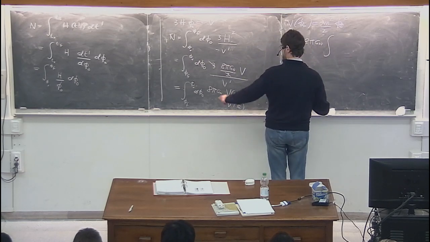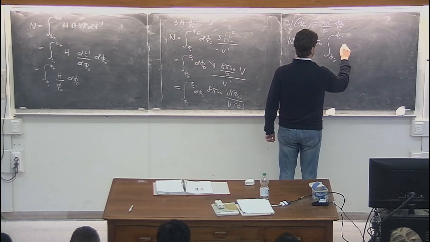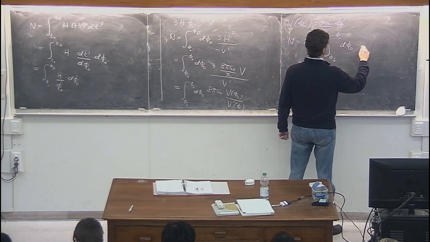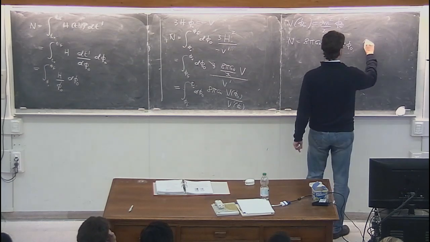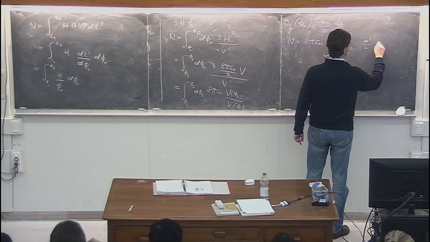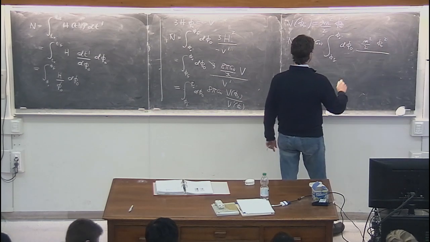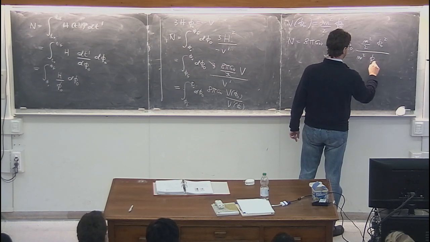times the integral between phi final and phi initial in d phi 0 of what? Of, I have to compute V, so I put m squared divided by 2 phi 0 squared divided by the first derivative, which is nothing else than m squared phi 0.